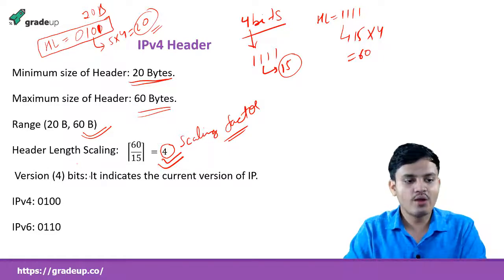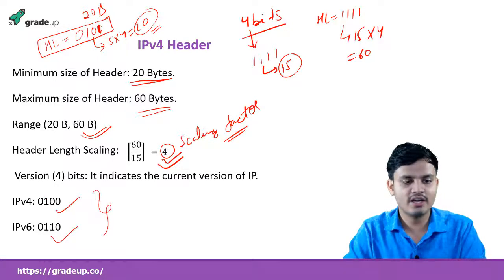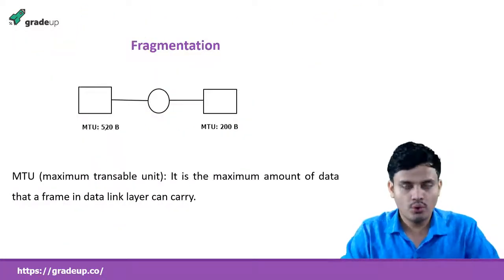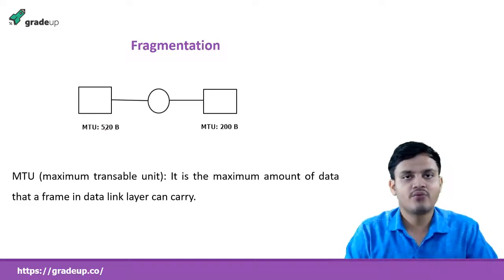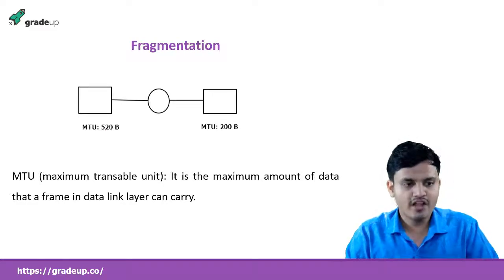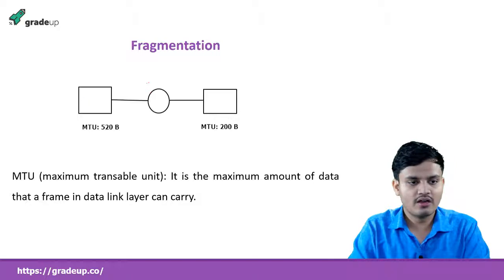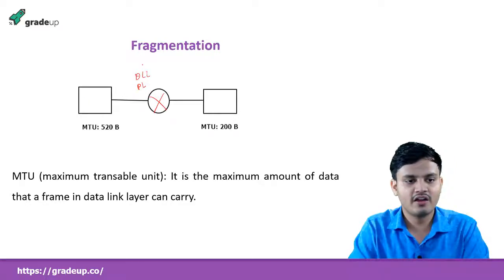Okay, and how are we going to represent the version of the IP header? We represent IPv4 and IPv6 like this. So it's easy. Okay. So I told you about fragmentation. What is fragmentation? At the router, we will have physical layer, data link layer, a common network layer, and another physical layer and data link layer.